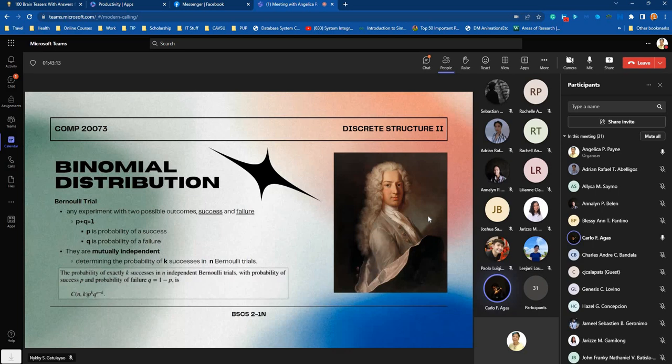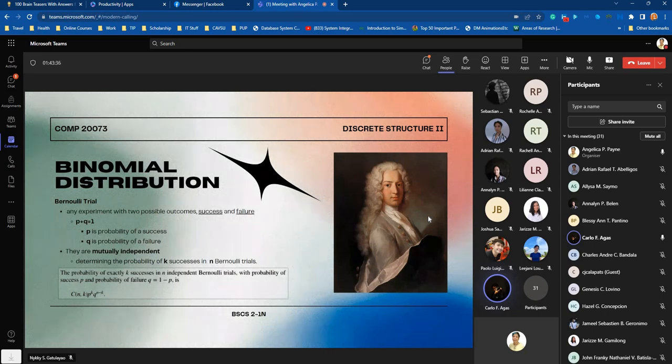Yung Bernoulli trials, any eksperimento na may 2 possible outcomes, success and failure. At yung nag-experiment, yung nagde-define ng success or failure. Kunyari, ang success natin sa pag-roll ng dice is dapat makalabas ng 3 at saka 6. So, parang multiple of 3s.